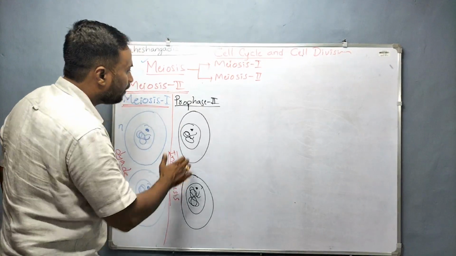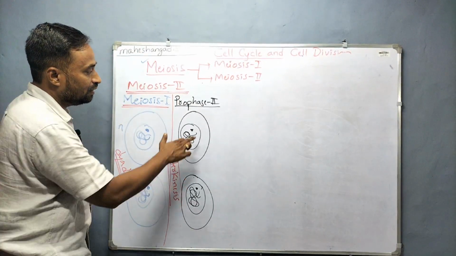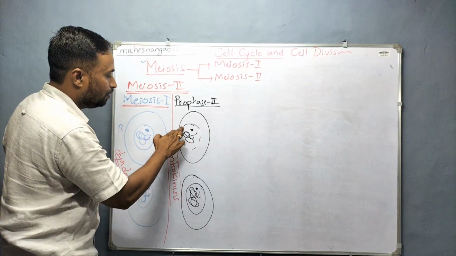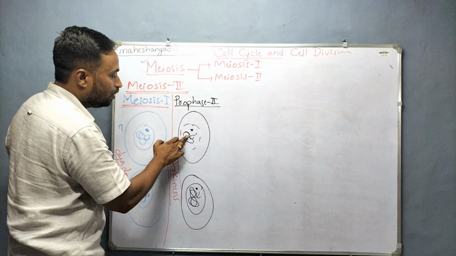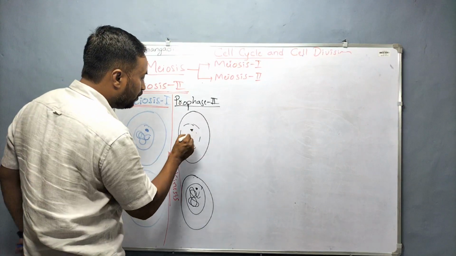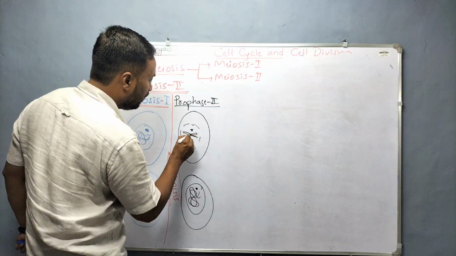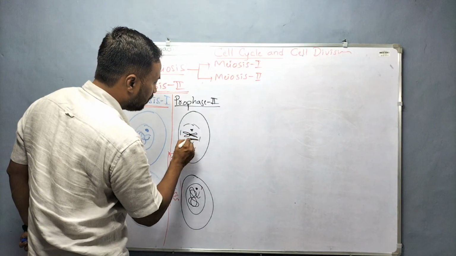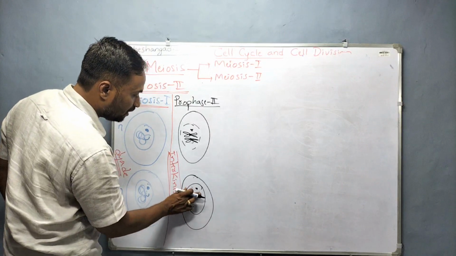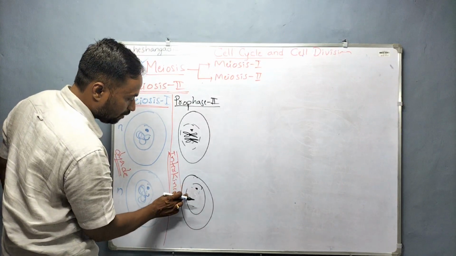Mitosis. Let's see what happens during prophase of mitosis. See here, the nuclear membrane gradually disappears. The chromatin will start condensing and becoming what? Chromosome. In both the cells the similar changes will occur.